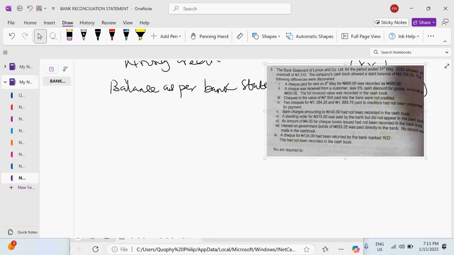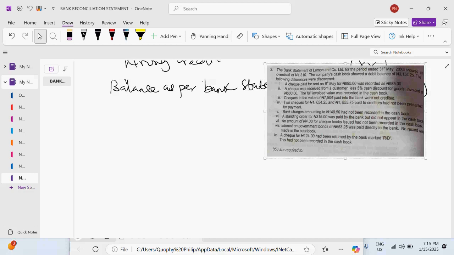The bank statement of Lemon and Co. Limited for the period ended 31st May showed an overdraft of 1,310 naira.